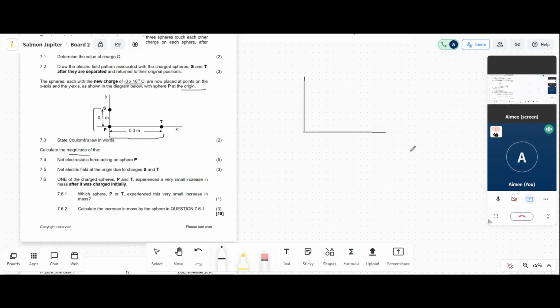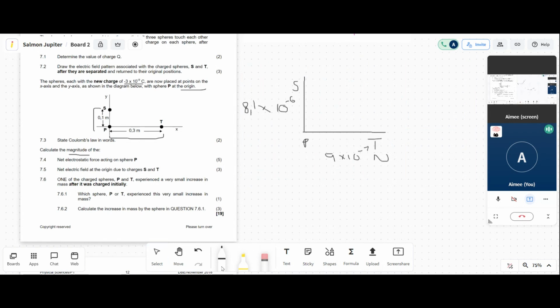So the electrostatic force that we calculated for P and T was 9 times 10 to the -7 newtons. And the electrostatic force that we calculated for S and P was 8.1 times 10 to the -6.